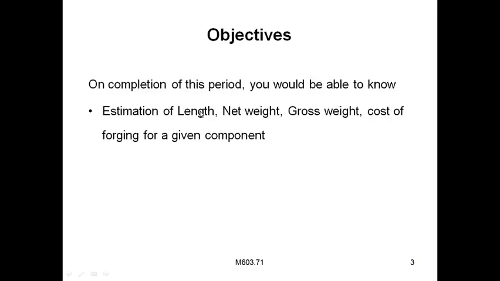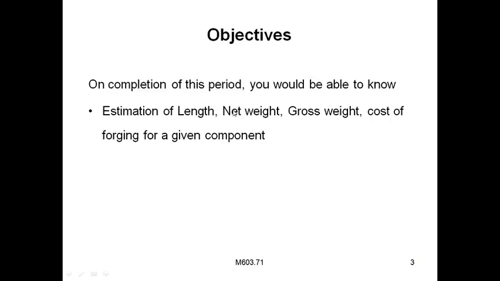Suppose you are doing operations producing more than one object, how much length of the raw material is required to produce them? So here the length means the length of the raw material required to produce a number of finished objects.